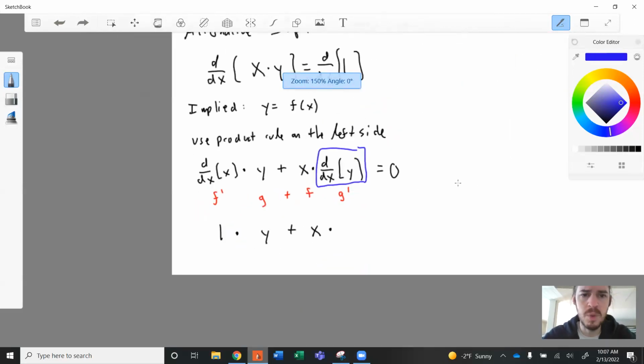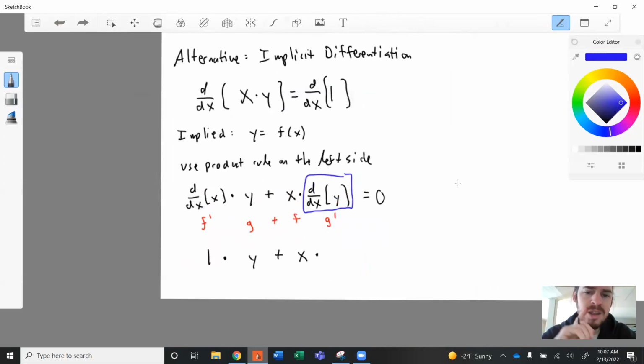Instead, isn't our goal to find dy over dx? That's the goal. And that's what this is right here. It's just the derivative of y with respect to x.